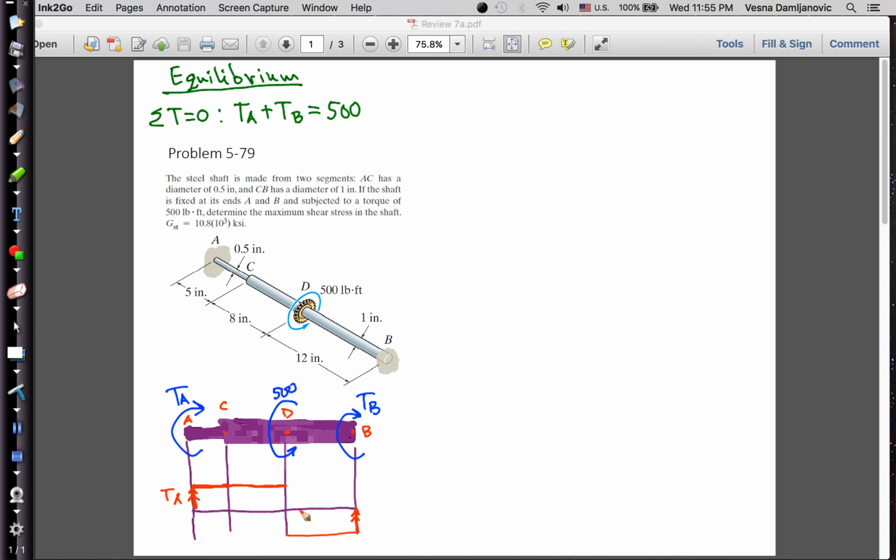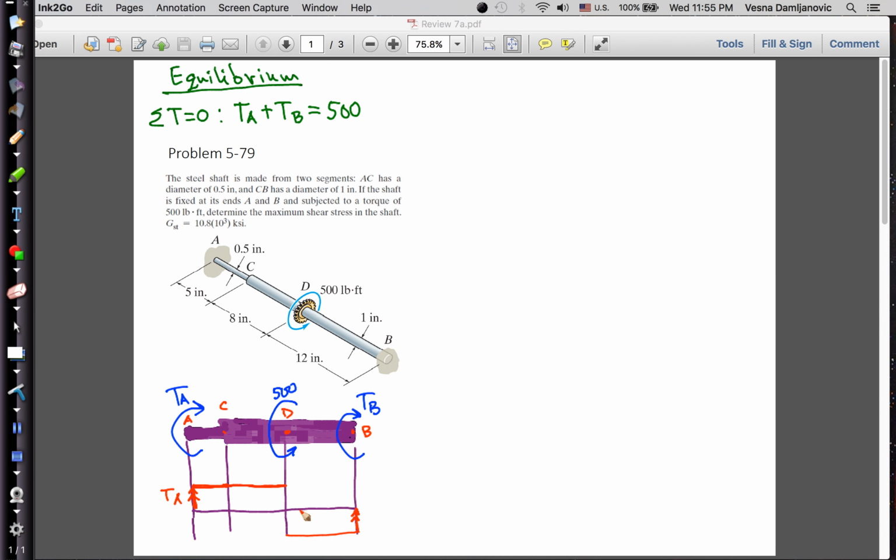I know that this amount here, whatever those two amounts are, we don't know, but we know that this amount should be 500. Okay, and this is TB. And so now we have our diagram. And this is important because you want to be able to always, at each of these three sections, know what the torque is. That's the key point.